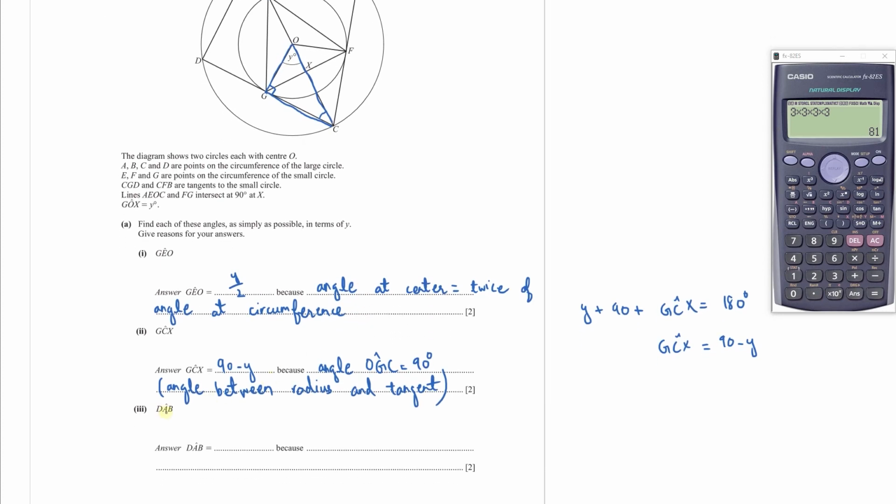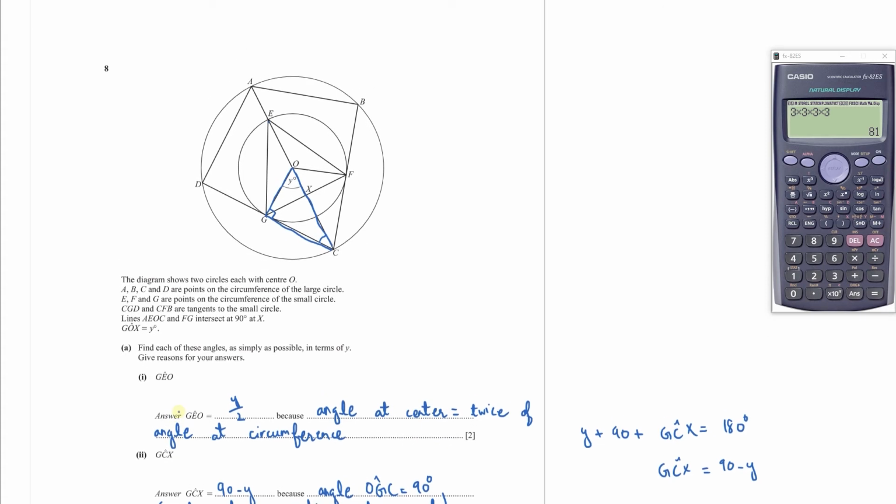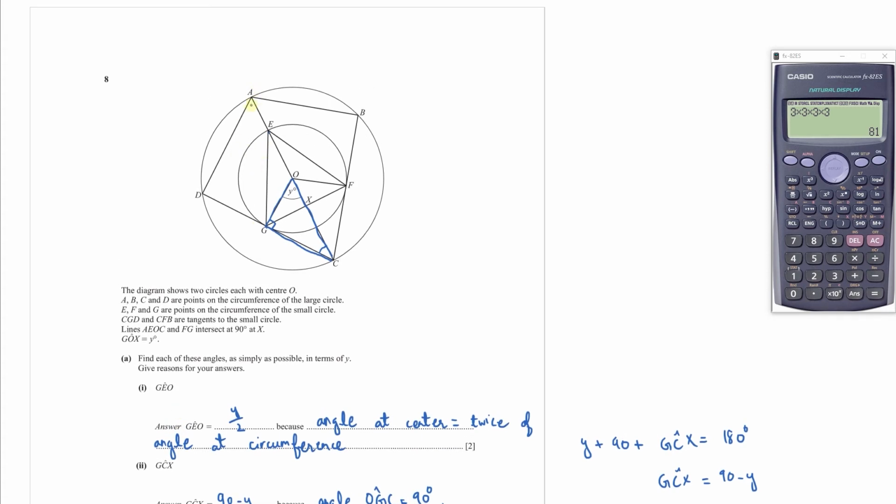The next angle that you have to find is DAB. DAB is this angle here. So let me erase this now. If you look at this quadrilateral DABC, this is a cyclic quadrilateral because all four vertices are on the circumference of this circle.